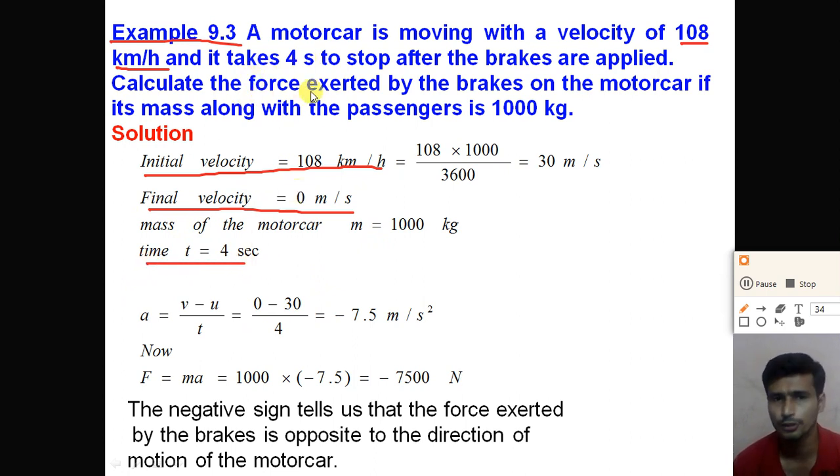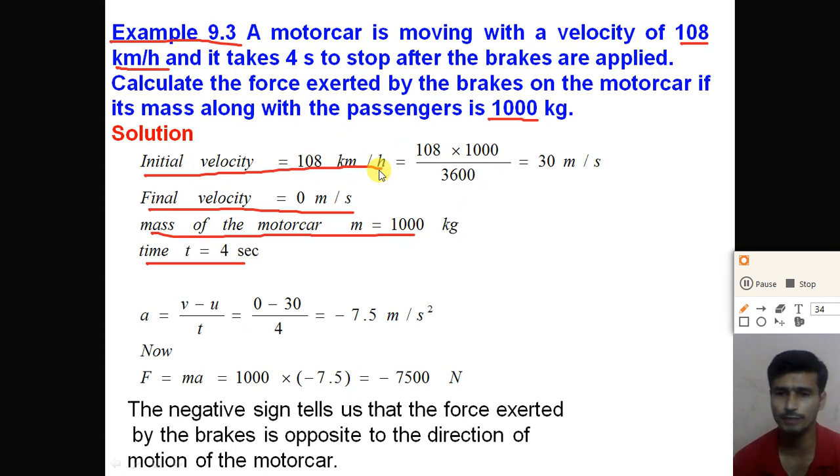Calculate the force exerted by the brakes on the motor car if the mass along with the passengers is 1000 kg. So mass is given to you as 1000 kg. Here dear student, the initial velocity is given to you as 108 km per hour. We need to convert this into meter per second.